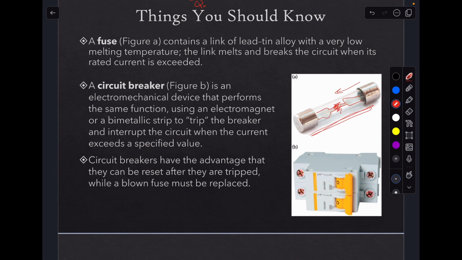So circuit breakers will trip or flip when there is a high surge of current, and that basically breaks open the circuit so that no current can flow. The great thing about circuit breakers is that they can be reset after they're tripped. You just flip the switch back, unlike a fuse, where if it breaks, you throw it away and put in a new one.